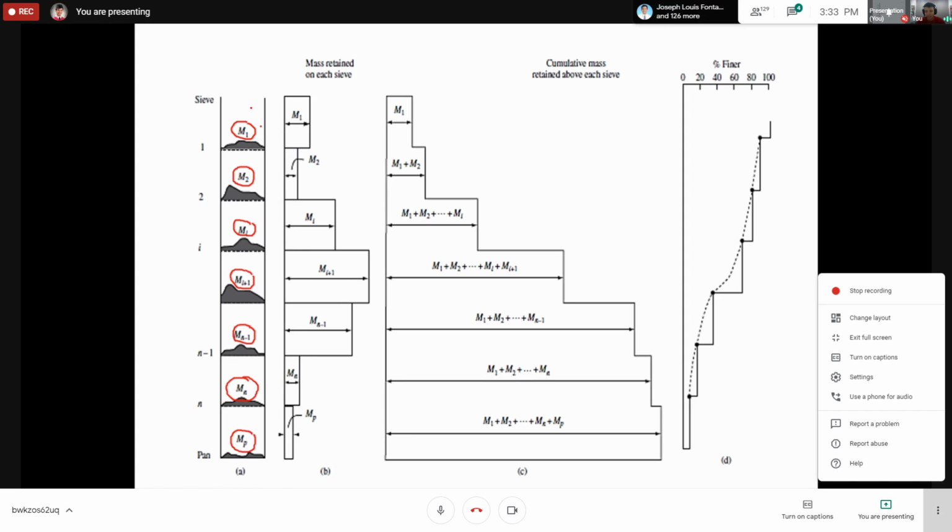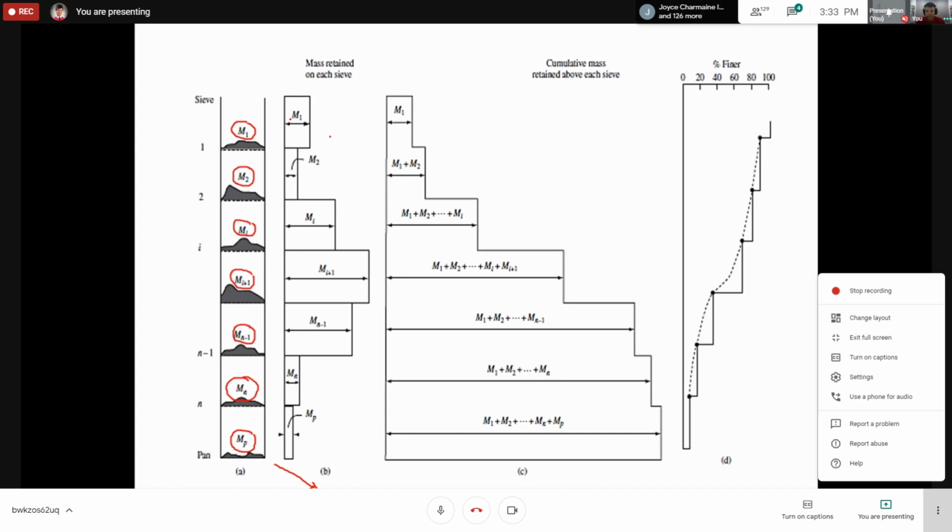Once you determine the mass of each sieve, you can total it down to get the total mass. Then the cumulative mass is number 3 that was mentioned earlier in the slide. You can just review the recording later.